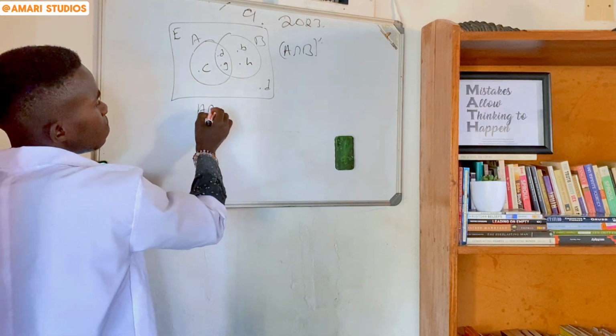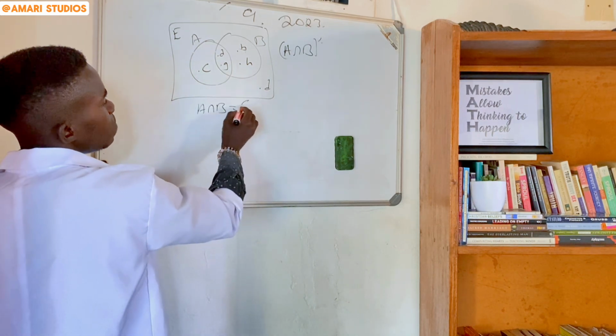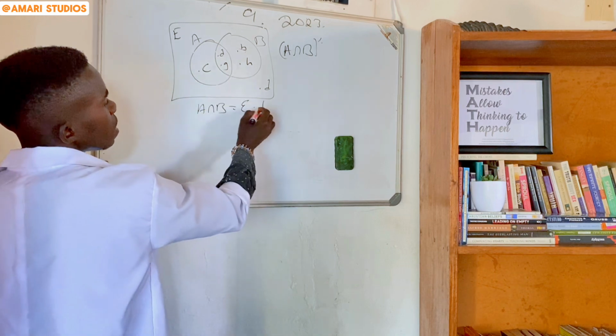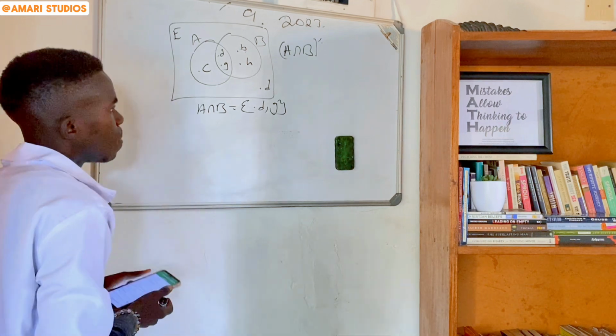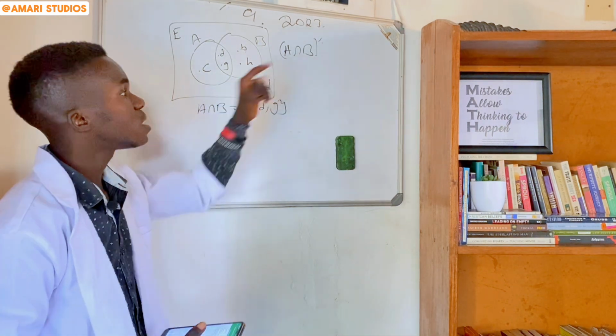A intersection B. So meaning the intersection of A and B there, when we list the set, it is actually D and G. This is the intersection of A and B. But the question said list A intersection B complement.